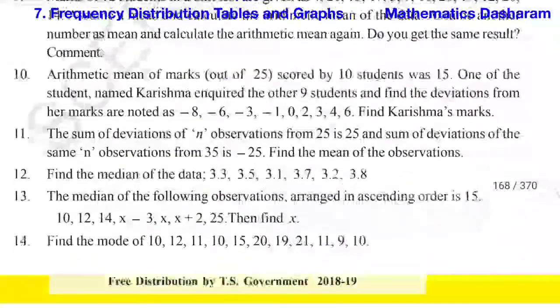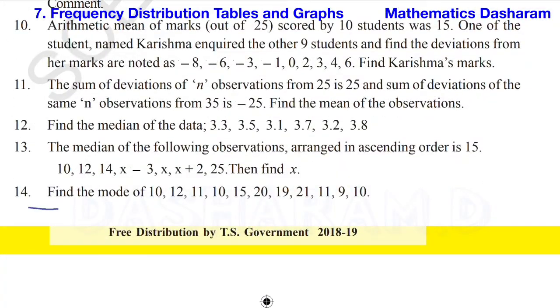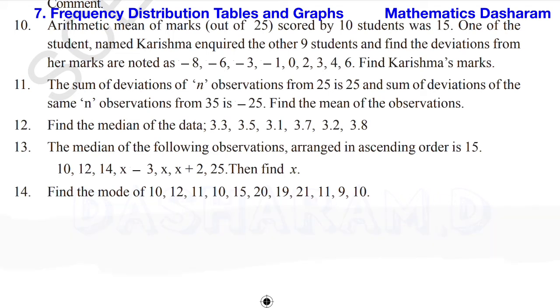Next, exercise 7.1, 14th problem. Find the mode of 10, 12, 11, 10, 15, 20, 19, 21, 11, 9, 10. So writing 10 at one place: 10, one more 10, next another 10. Next 11 repeated 2 times, 11, 11.